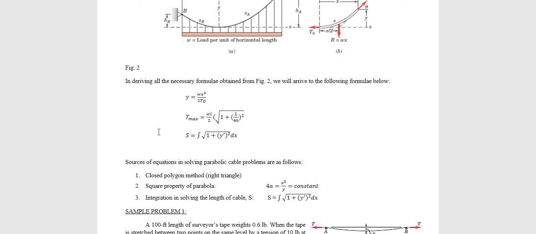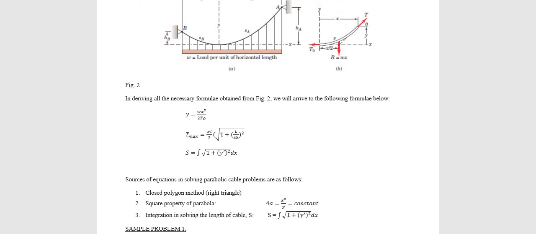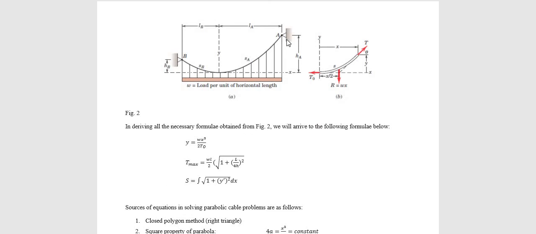I am saying this because the concept in the catenary cable and parabolic cable is just the same as projectile. At the highest point, there is also the largest tension, meaning the Tmax. In figure 2, the maximum tension is at point A.